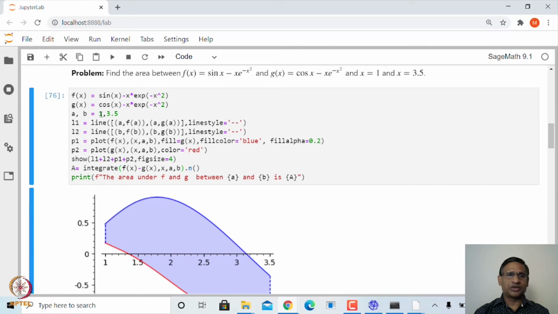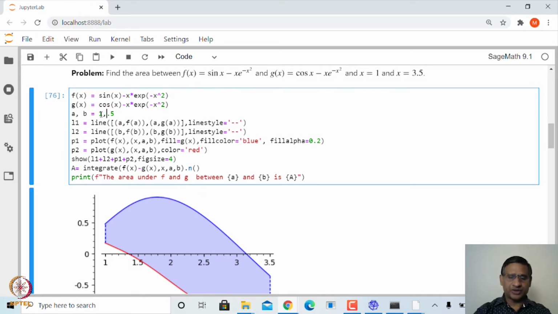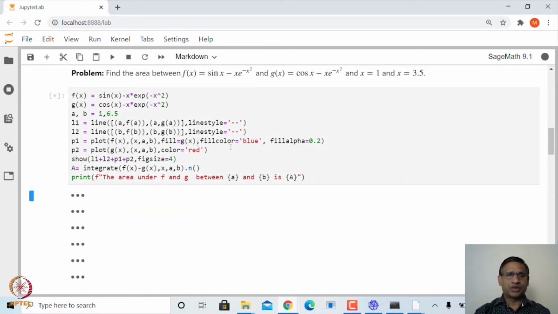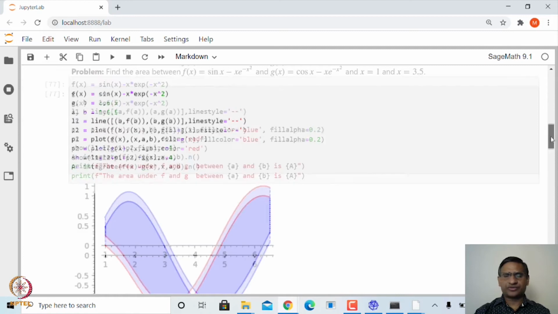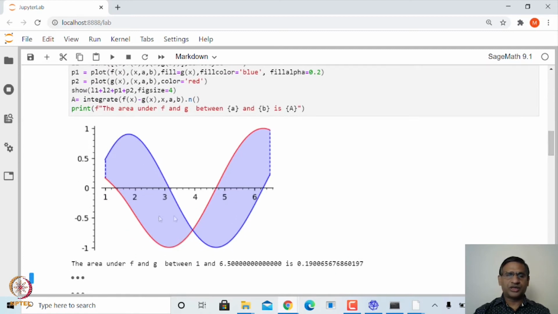However, it can happen, for example, let us say I want to find the area between 1 and let us say 6.5. Now, in this case you see here, at this point one has to first of all find out what is the point of intersection. To the left of this, the f(x) is bigger than g(x), whereas to the right of this g(x) is greater than f of x.